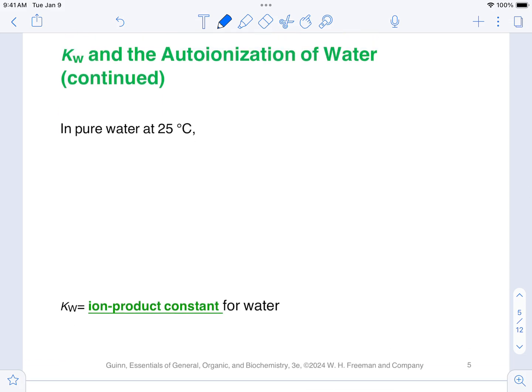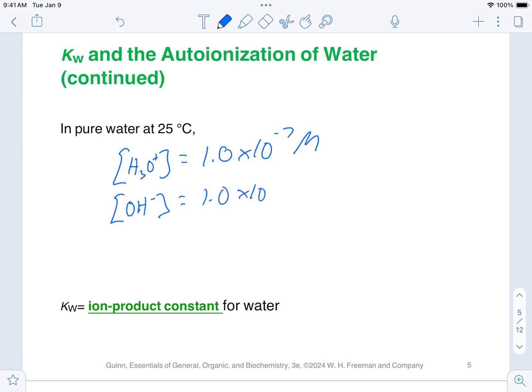So if we have pure water, your H3O concentration is 1.0 times 10 to the negative 7th. Your OH concentration will be equal to that. So 1.0 times 10 to the negative 7th.